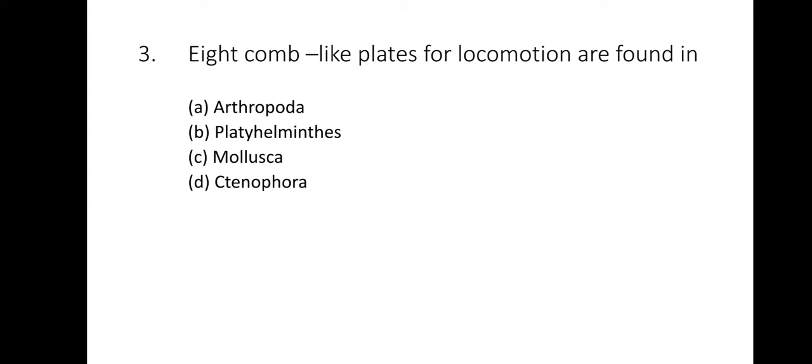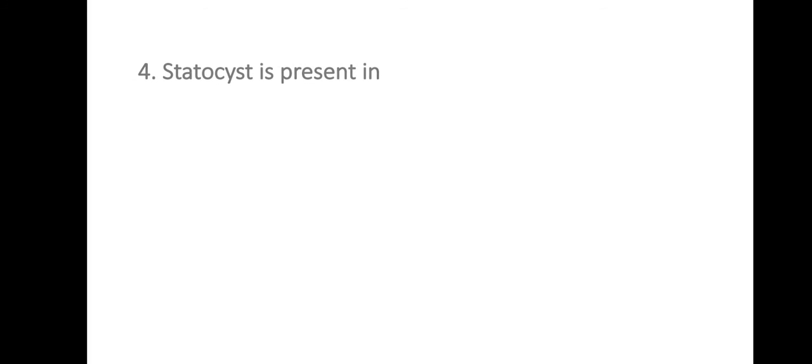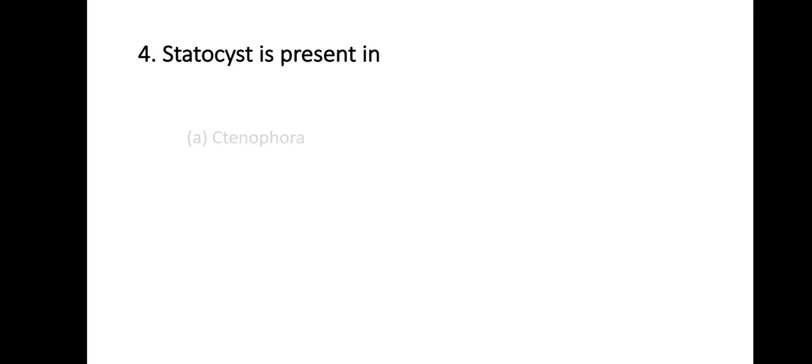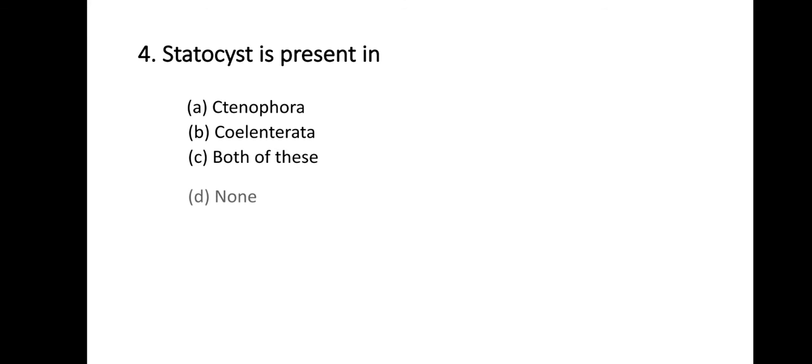Eight comb-like plates for locomotion are found in Arthropoda, Platyhelminthes, Mollusca, Ctenophora. You should not be having any difficulty. Answer is Ctenophora. Statocyst is present in Ctenophora, Coelenterata, both of these or none of these.